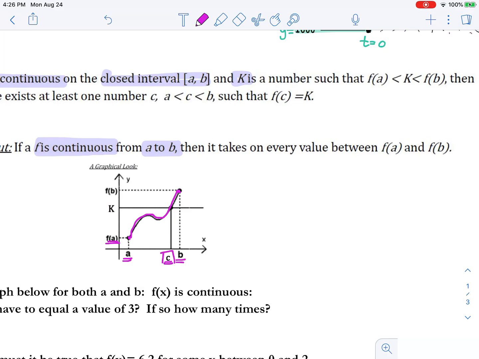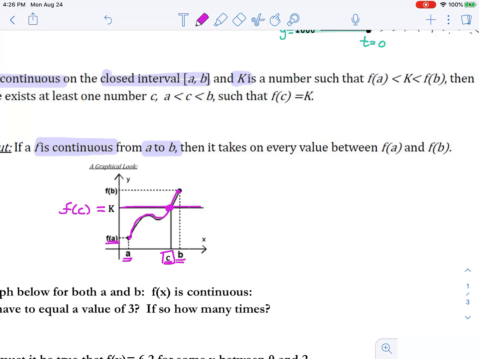Now we get some other x value here. That's saying that this f of c, that's just a y value, has to equal this k value that I'm setting, like that 2,753. That has to happen because it's a continuous function. You will pass through that line.